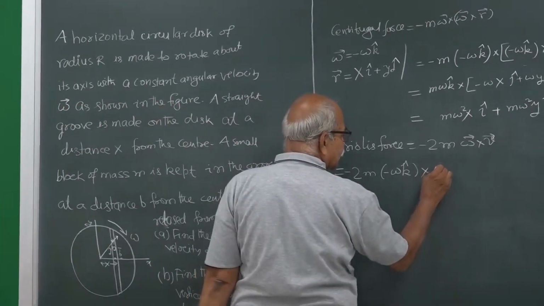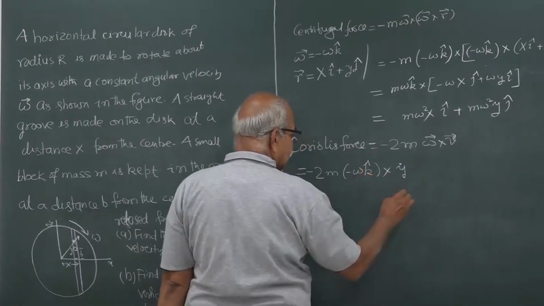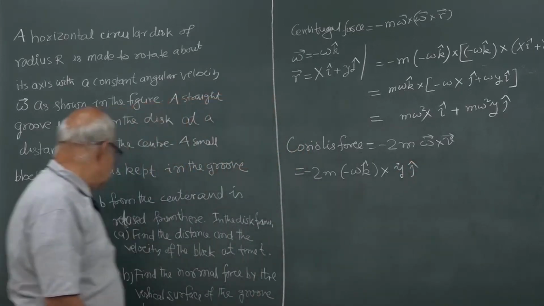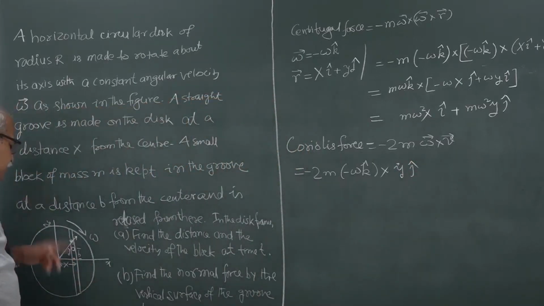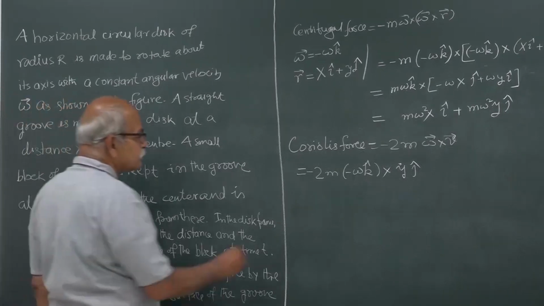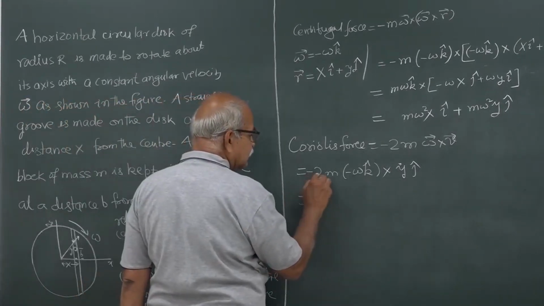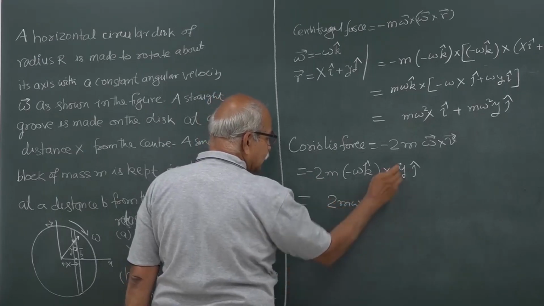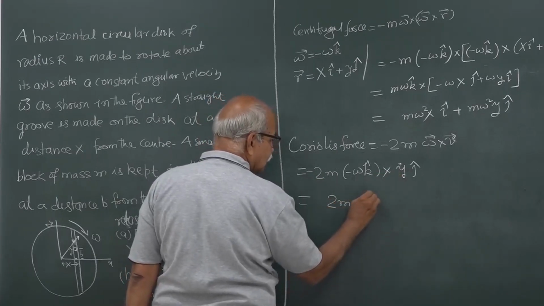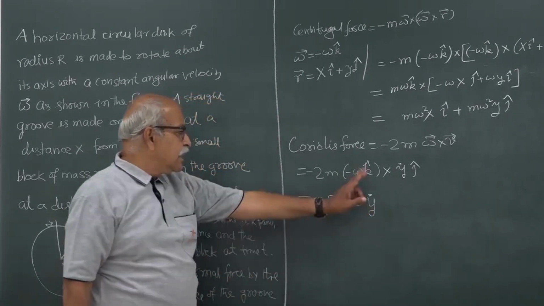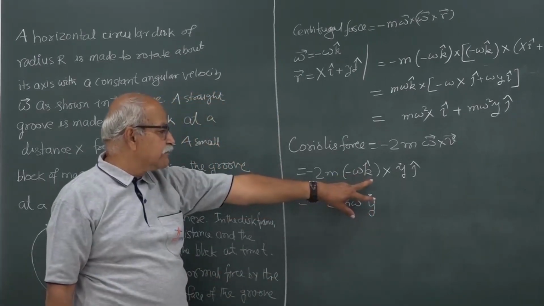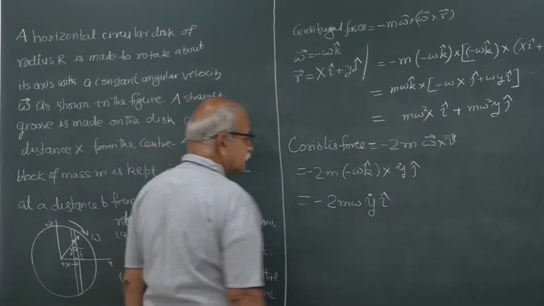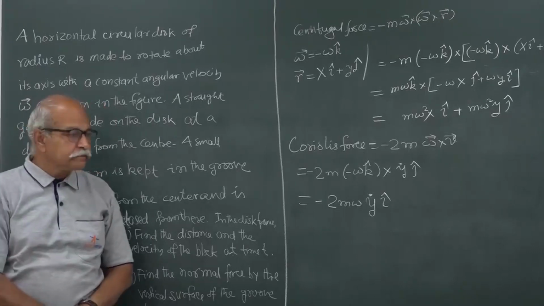You can write that as y dot or dy dt, and in j cap direction. This rate of change of y gives you the speed, and then j cap direction, and once again this minus and this minus is plus. So, 2 m omega y dot, and then k cap cross j cap is minus i cap. So, it is minus here and i cap here. So, that is the Coriolis force.